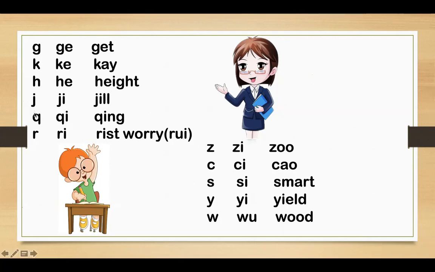This one is for letter Q, it is pronounced as qi, and I use this pinyin here, qing. And this one, curl your tongue, like a wrist, a worry.